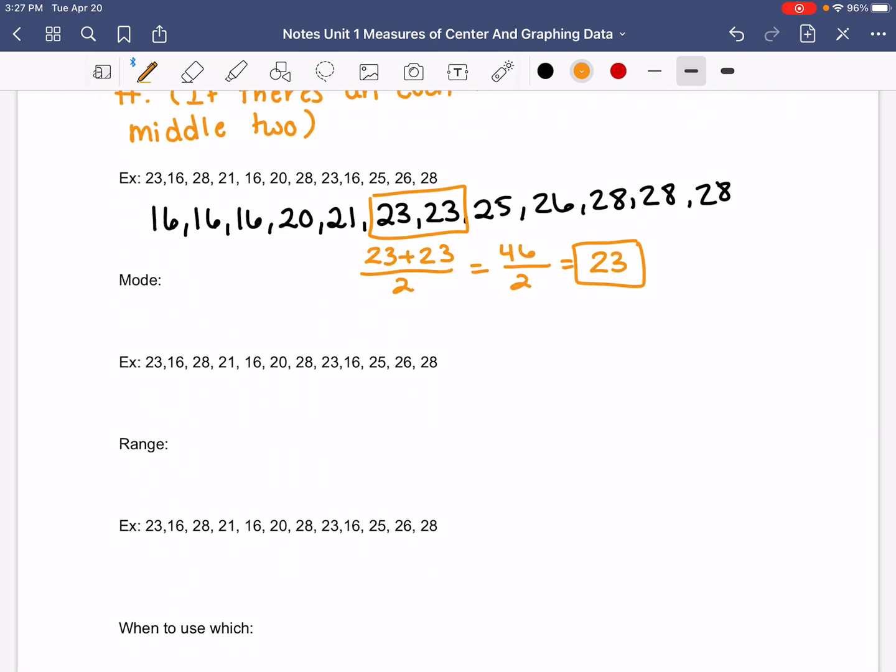All right, the last one is mode, and we definitely don't use mode as often. The main two are the mean and median. So the mode, I remember that one, is the most. You just see which data appears most often, or find the value that appears most often.